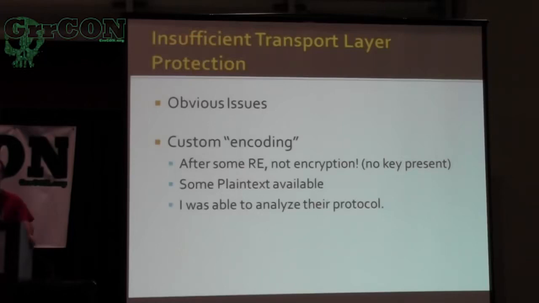So what I found is they were using custom encoding on the devices. It wasn't anything that stood out as like base 64 or some crazy UTF. It was really custom. They wrote it themselves. And actually some plain text was available in the requests, which was kind of interesting that I started to find out. And again, it was not encrypted at all.